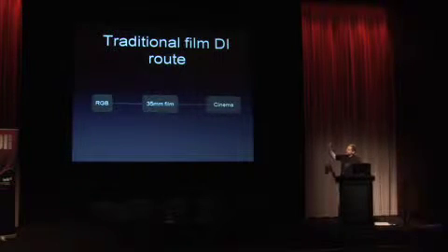Because this is going to change in the next 2 years. This route is not always going to stay like this. But basically what we used to do is take images that originated in a CG environment, like from visual effects companies, or images that were scanned from a film negative.